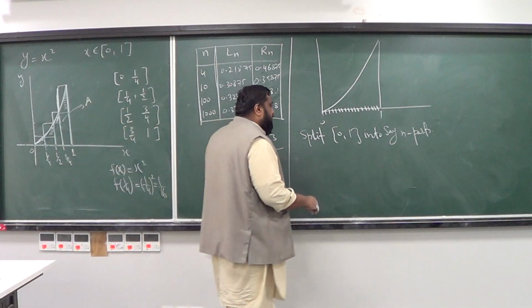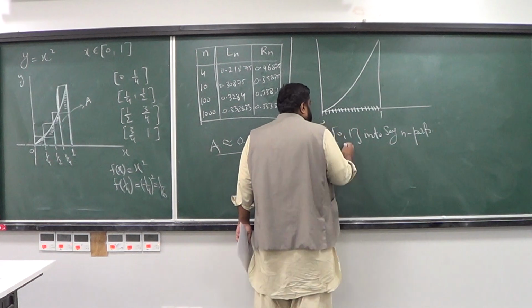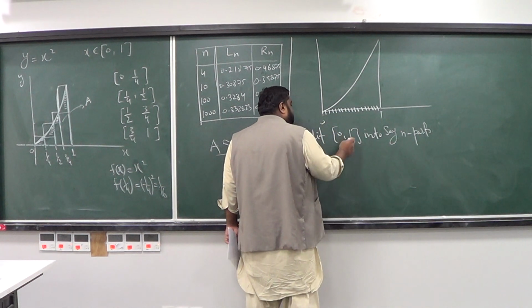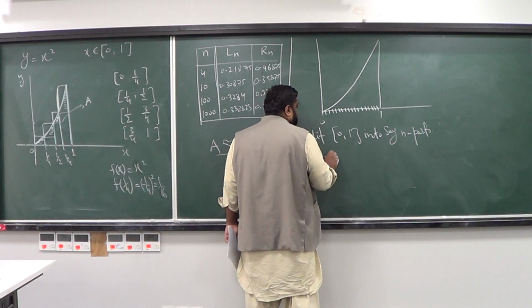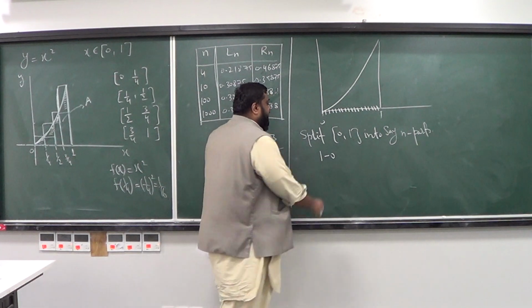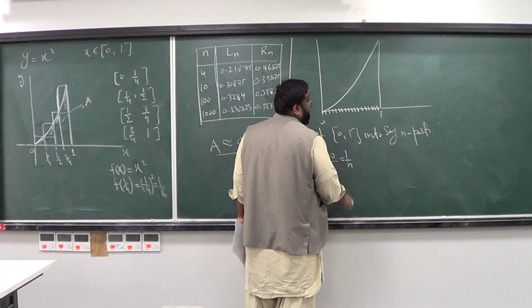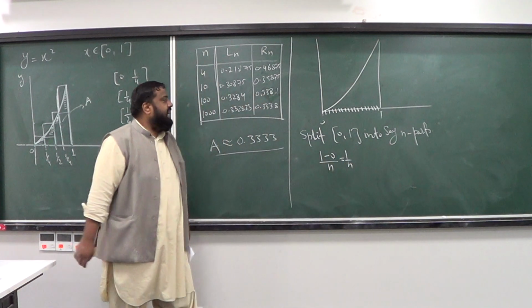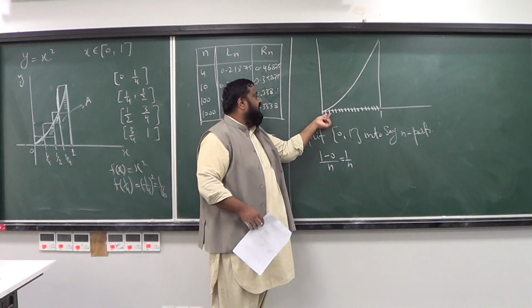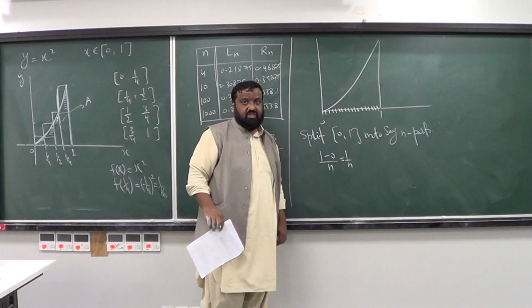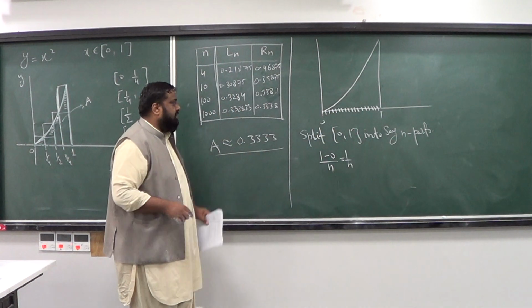The answer is not really difficult. Take the length of the interval, which is 1 minus 0, and divide it by n. So you're going to get 1 over n. So 1 over n is the size of each subinterval. Okay?